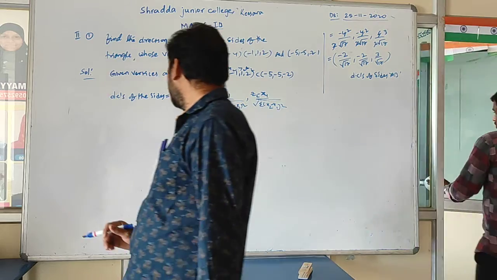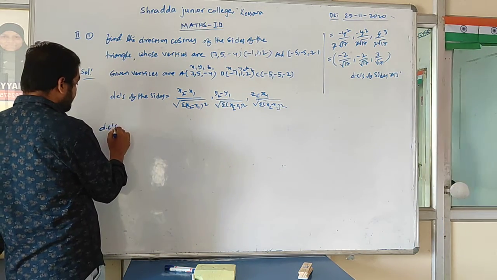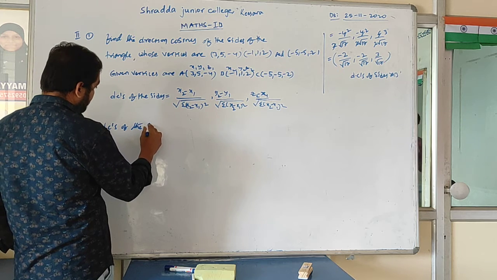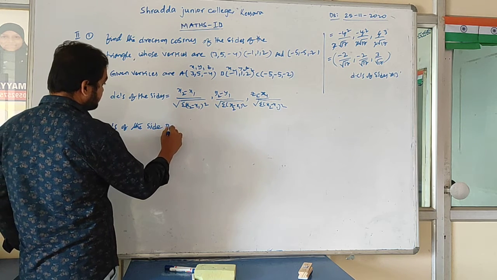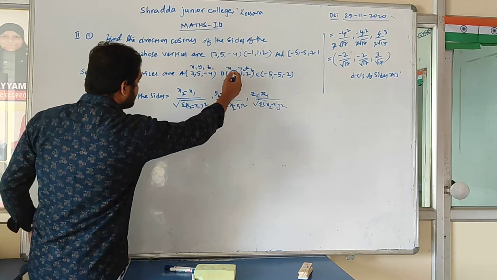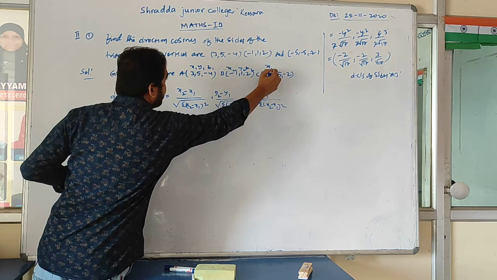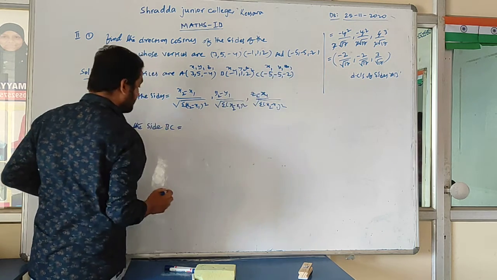Now this is equal to the direction cosines of the side BC. Take B and C. Denote B as x2, y2, z2 and C as x1, y1, z1.